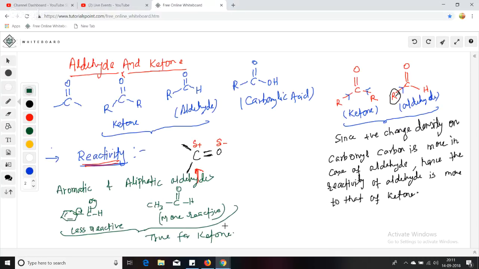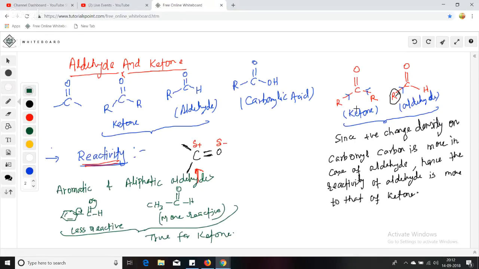True for ketone, right? So basically, to sum up all this, generally aldehydes are more reactive than ketones. If you are comparing aliphatic and aromatic aldehyde, then aliphatic aldehydes are more reactive than aromatic aldehydes, and this is also true for ketones. Okay, so this is it for the discussion of aldehyde.